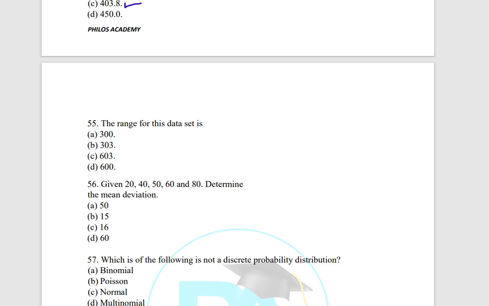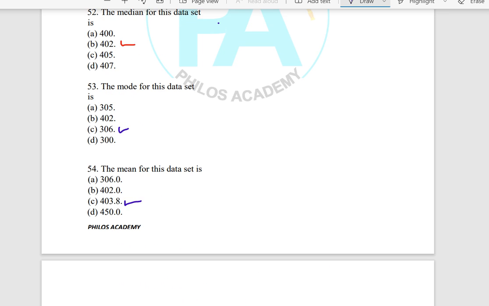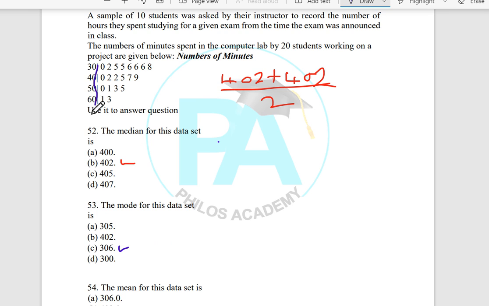Let's go to question 55. Question 55 is asking for the range of this data set. To know the range, let's go back to the stem and leaf. Range means the highest value minus the lowest value.